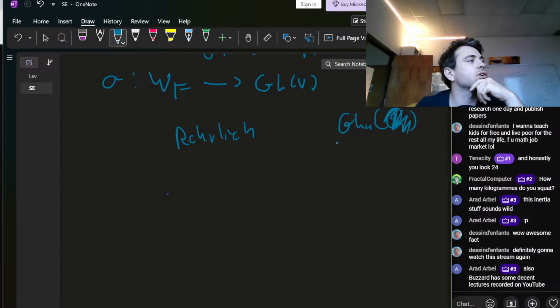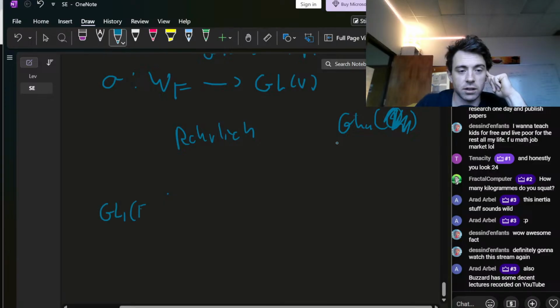So what are all the one-dimensional representations? There should be a bijection between GL_1 of F, right?